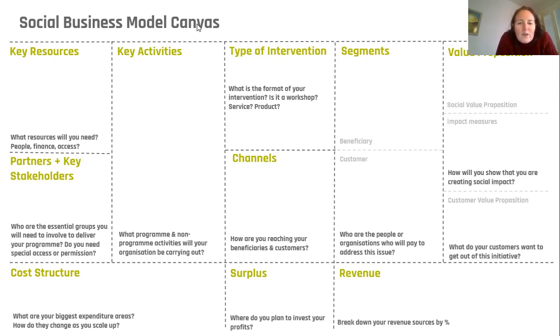If we start from where we've been thinking already on the programme, we know who our beneficiaries are, because we were describing them this morning, and our customers. If you were to start in the segments box for the people that you're trying to benefit, these are people or organisations who will pay to address the social issues that we did our show and tell on this morning, where people talked about the social issue they're trying to address.